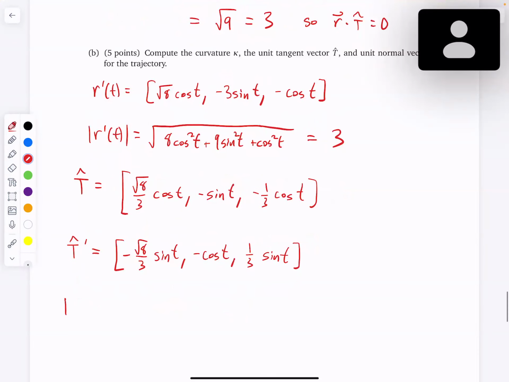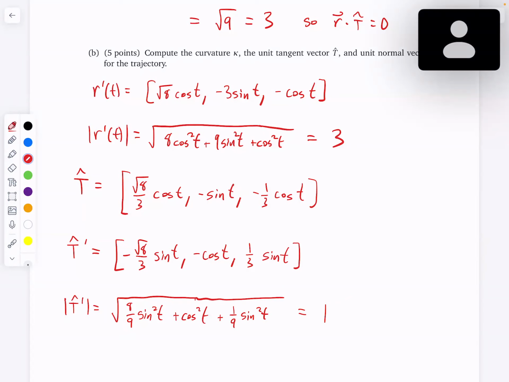And then in order to get the unit normal vector, we need to take the magnitude of that. The magnitude of that will be 8/9 sine squared t plus cosine squared t plus 1/9 sine squared t. So it actually has unit magnitude already. It's already equal to 1.